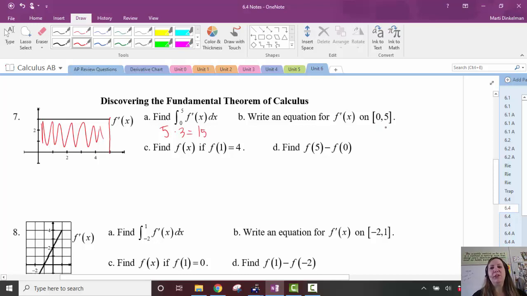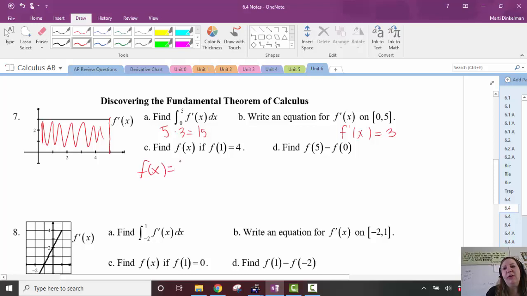Okay, so it says write an equation for f prime from there to there. So f prime is really just 3. Technically, not plus c. Okay, I haven't taken the antiderivative. That letter C, I'm going to take the antiderivative. So we're going to do a little bit of work here.